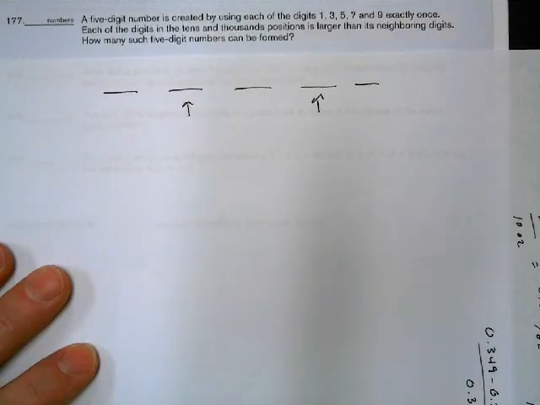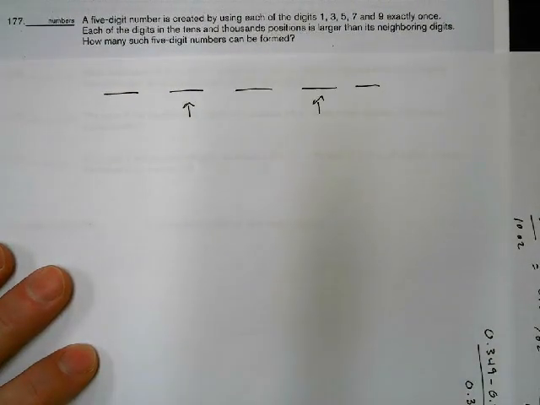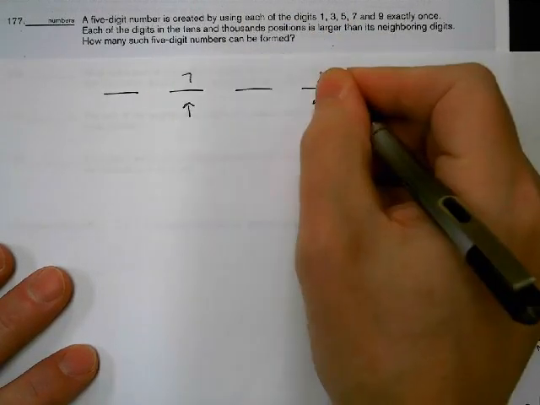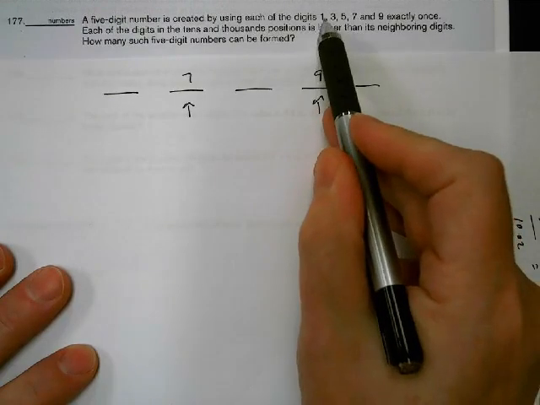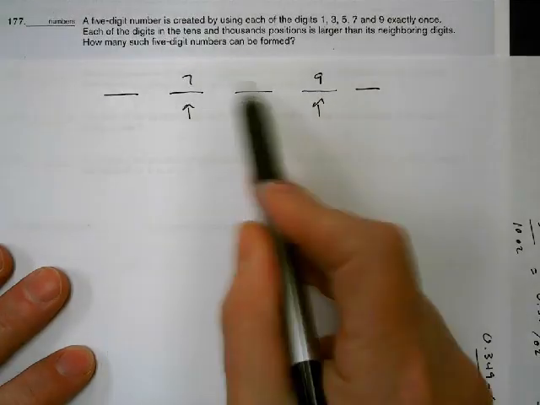Okay, so if I place the 7 and the 9 here and here, it doesn't matter where I place the 1, 3, and 5. 1 can go here, 3 can go here, 5 can go here, because 7 and 9 are bigger than all 3 of those numbers.